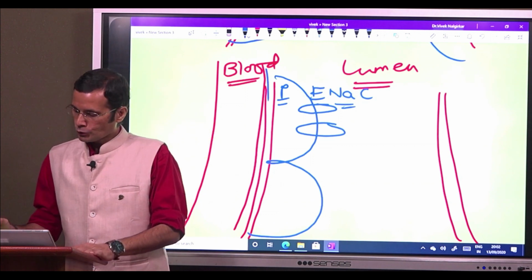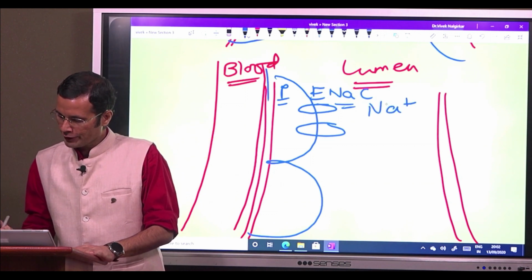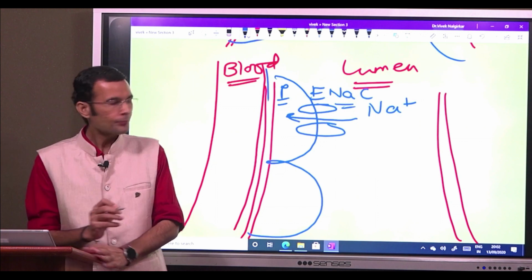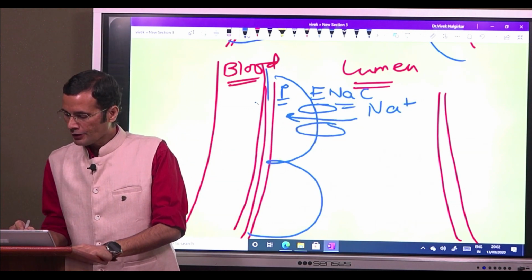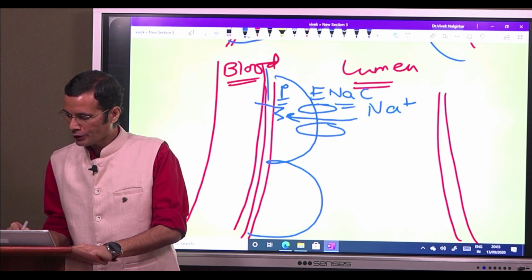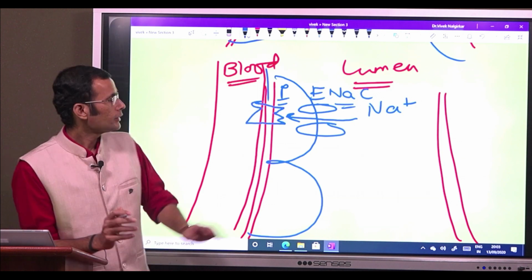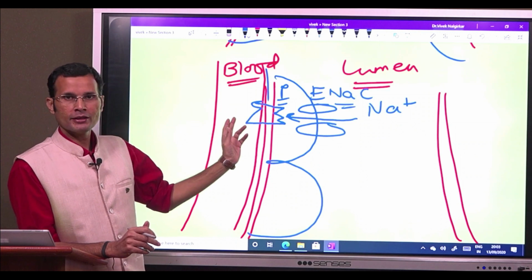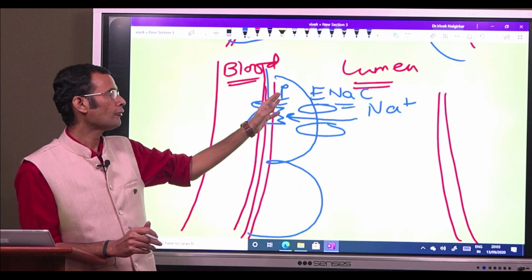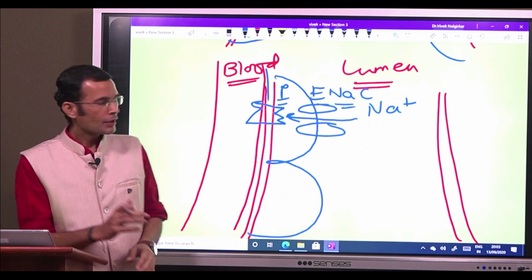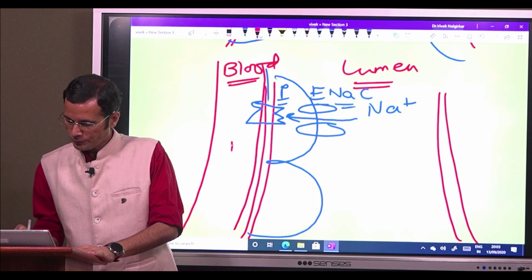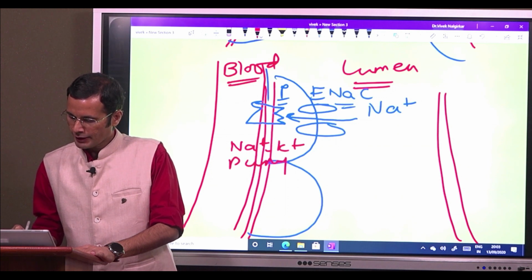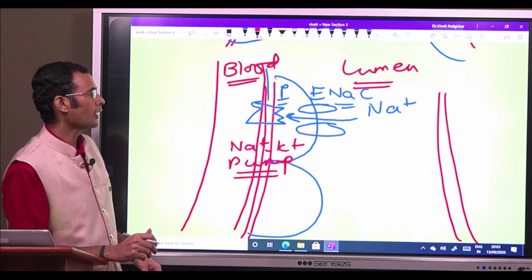So, sodium from the tubular fluids will diffuse into the principal cell, and then on the basolateral membrane, the membrane that is facing the blood vessel, there is the sodium potassium pump.